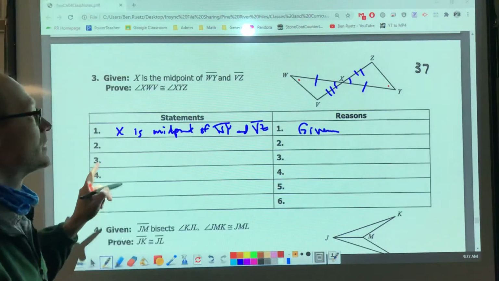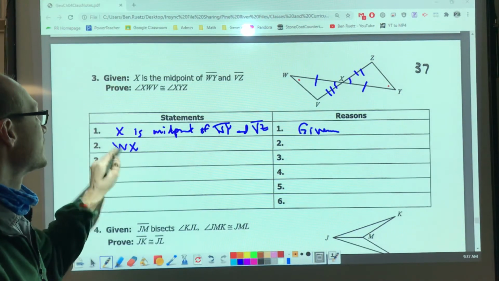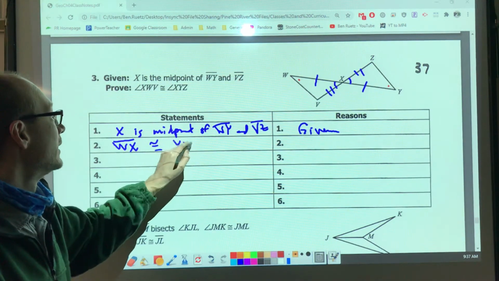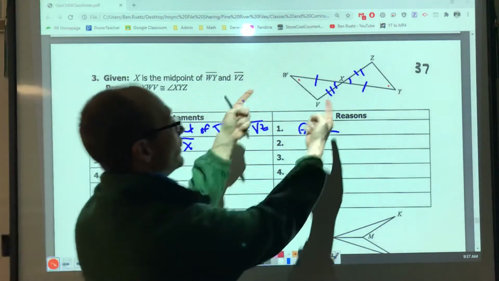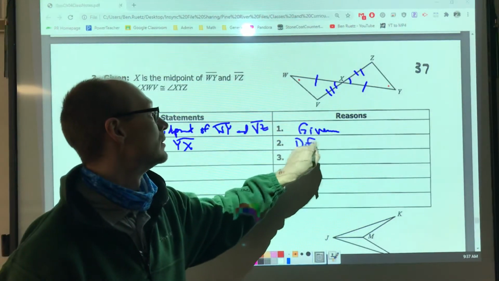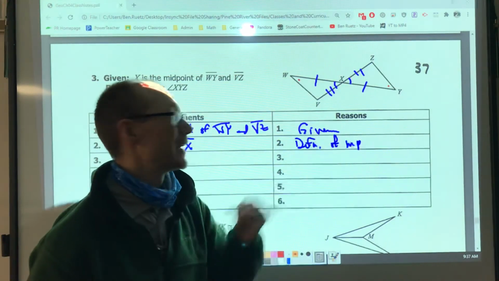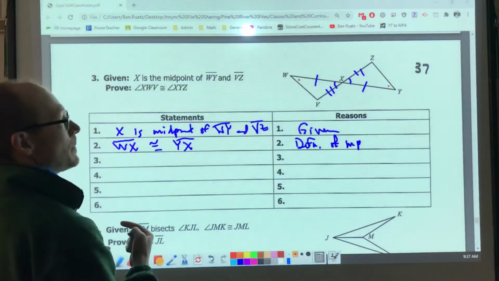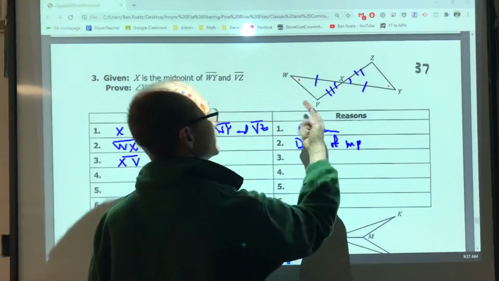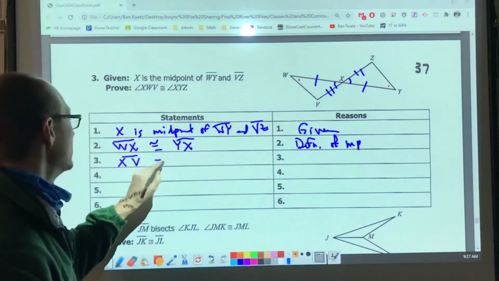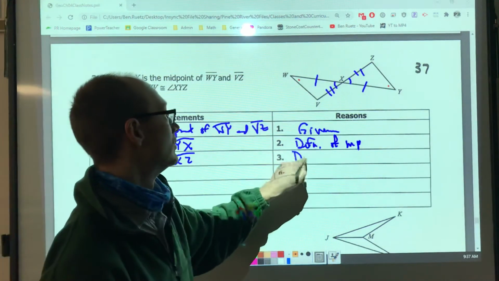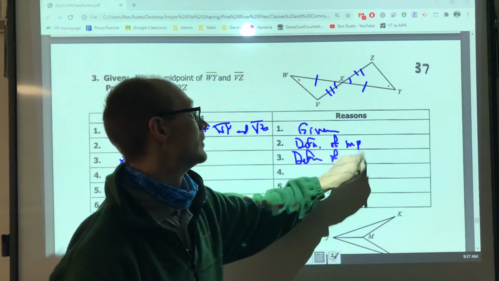So that means WX is congruent to YX. Why is that true? Because that's the definition of midpoint. That's what midpoints do. Does that also mean that XV is congruent to XZ? Yes, it does. And that's also the definition of midpoint.